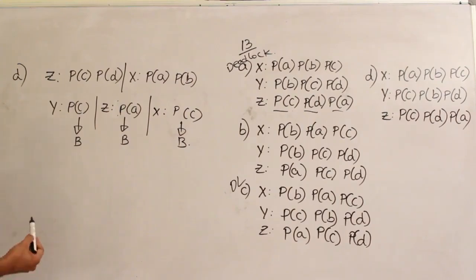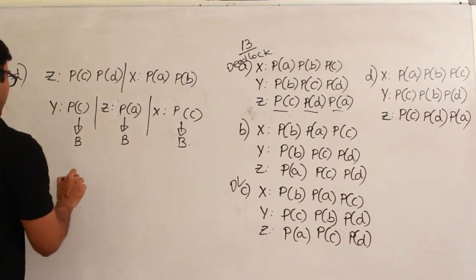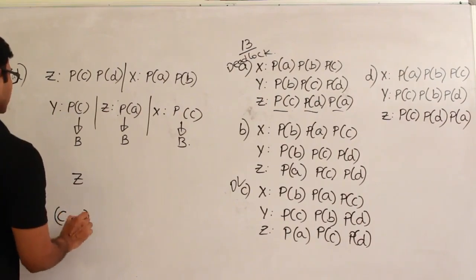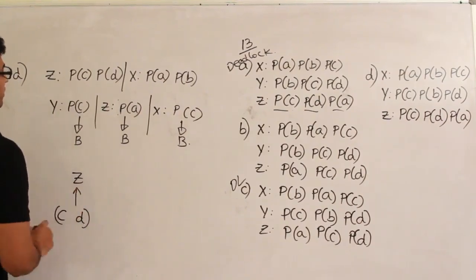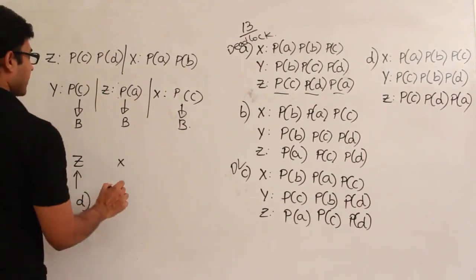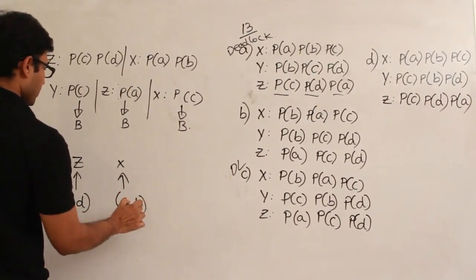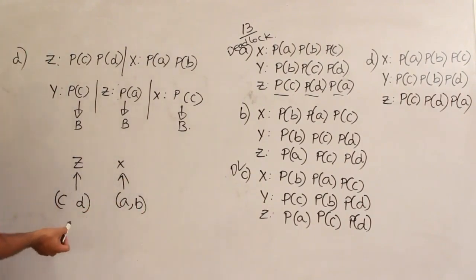If you want to see how they are depending on each other, watch it. Now Z has taken C and D. Both C and D are taken by Z, and X has taken A and B, which means A and B are under the control of X, only X can release them, right?